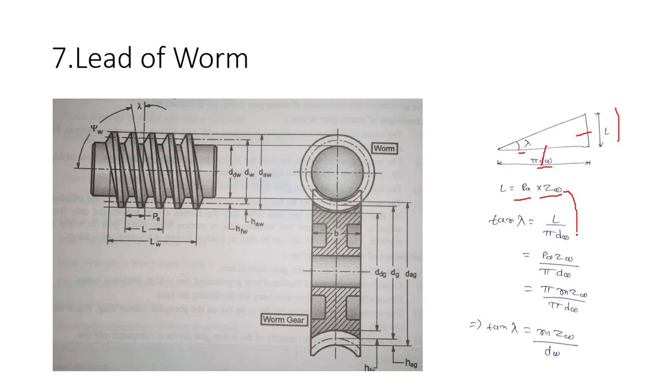Put this equation in this: L is Pa Zw, so Pa Zw upon pi dw, and we all know that the axial pitch is pi into m, so the equation becomes pi m Zw upon pi dw. So we get tan lambda is equal to m Zw upon dw.